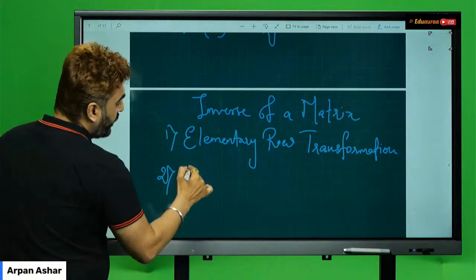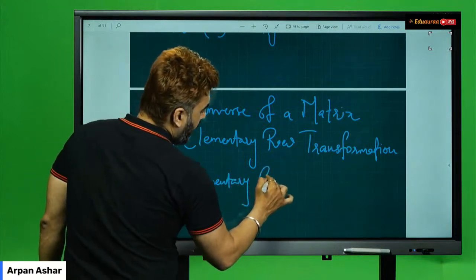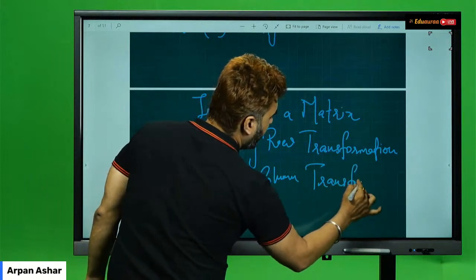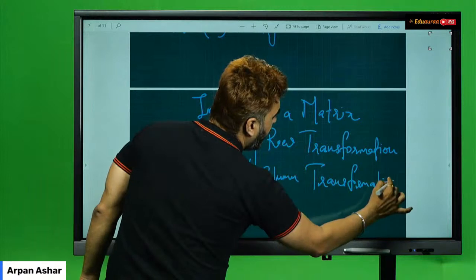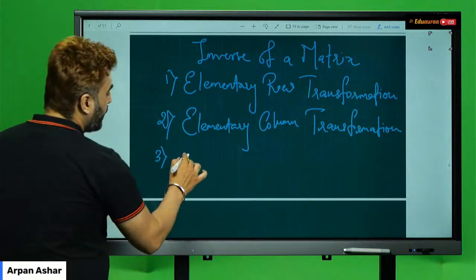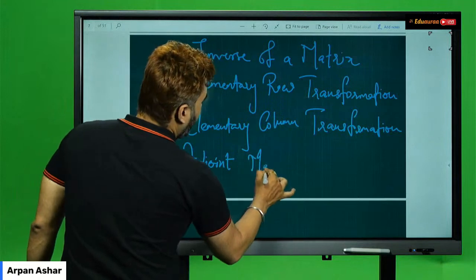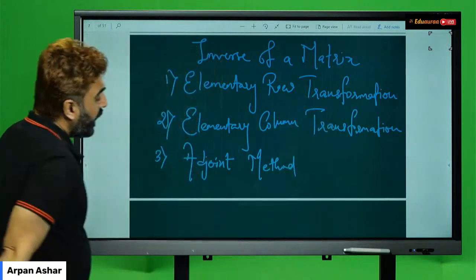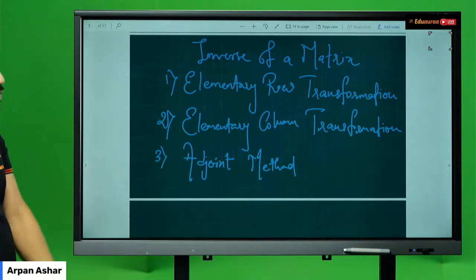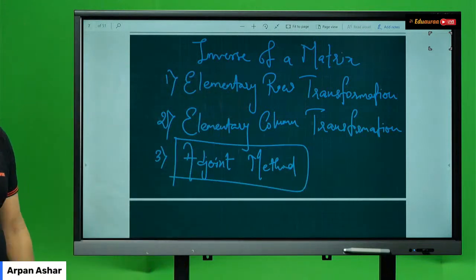Second method is elementary column transformation. And the third method is nothing but adjoint method. So ये जो minors और cofactors है वो हम use करेंगे inverse find करने के लिए with help of this method.